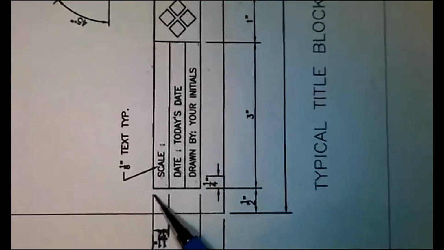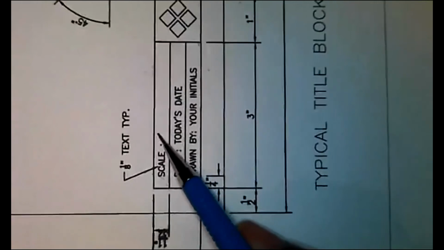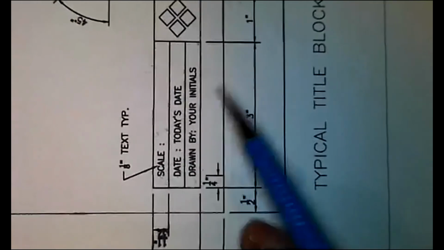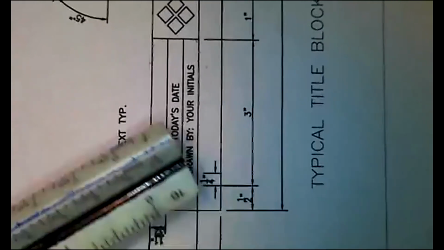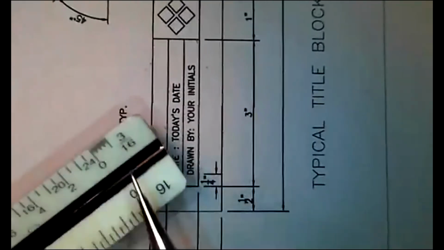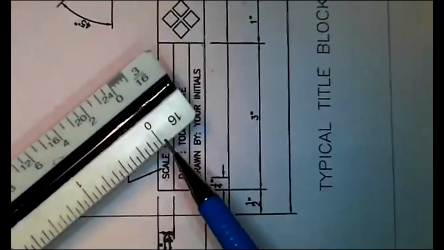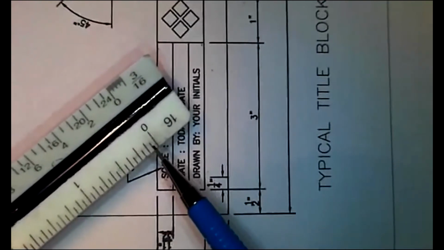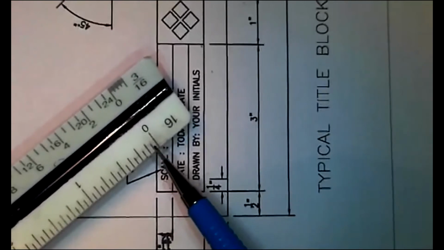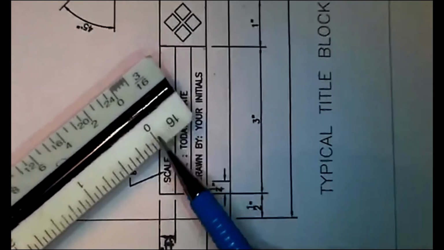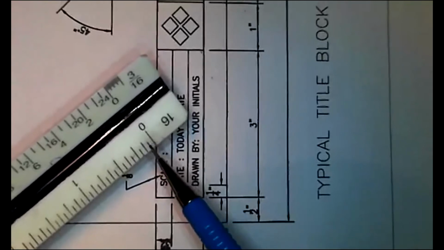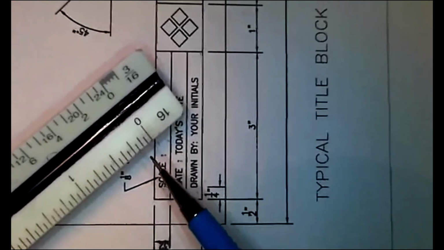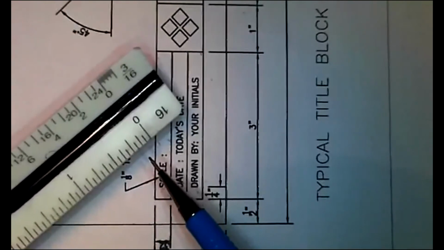From this edge of the title block to this first line here is 11/32. Now, I'm going to show you what 11/32 looks like, okay? So this least increment here is 1/16, right there. That's why it has 16 here, because the basic increment is 1/16, right? There are 2 32nds in 1/16.